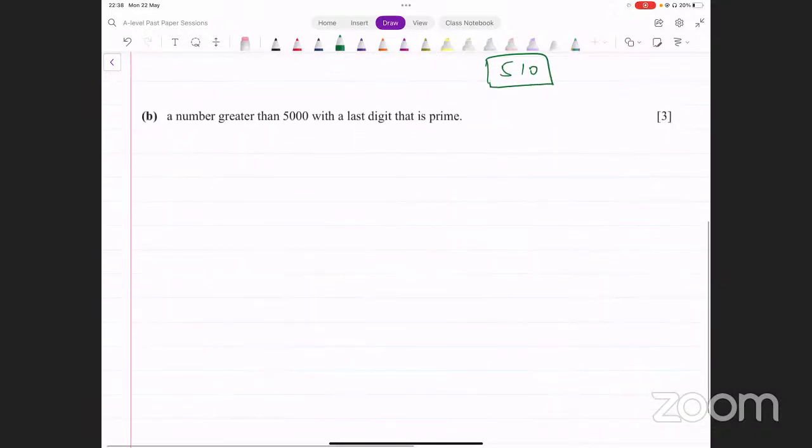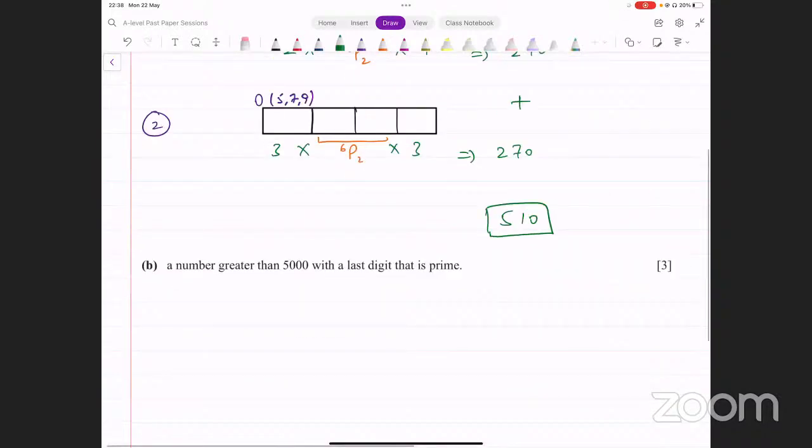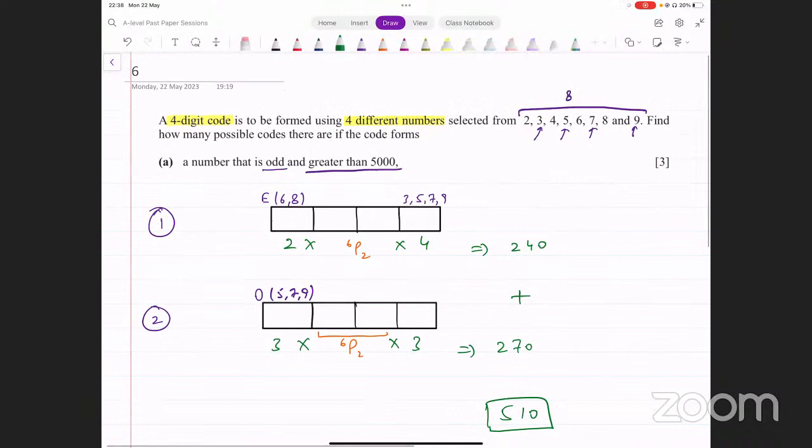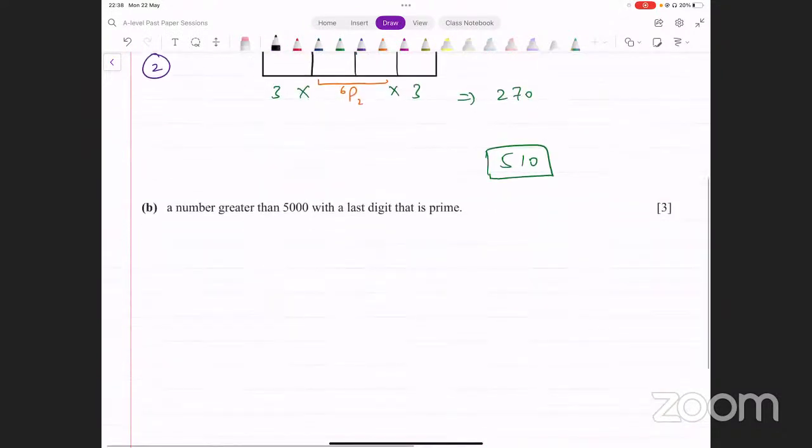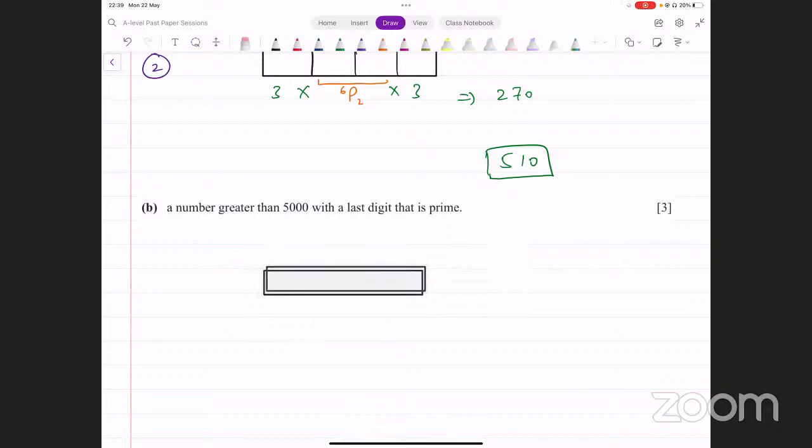It says a number greater than 5,000 with the last digit that is prime. All right, so again we want a 4-digit number. Again, we can have 4 boxes for that.